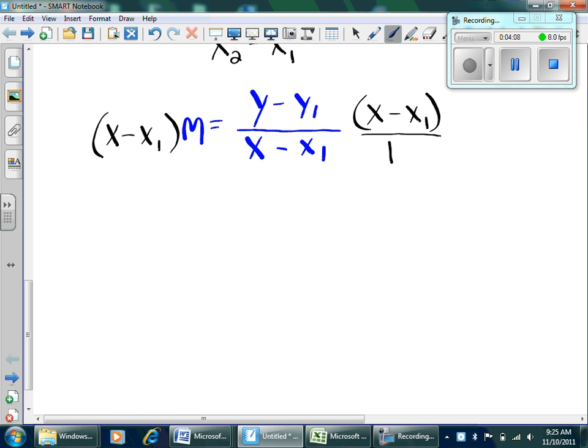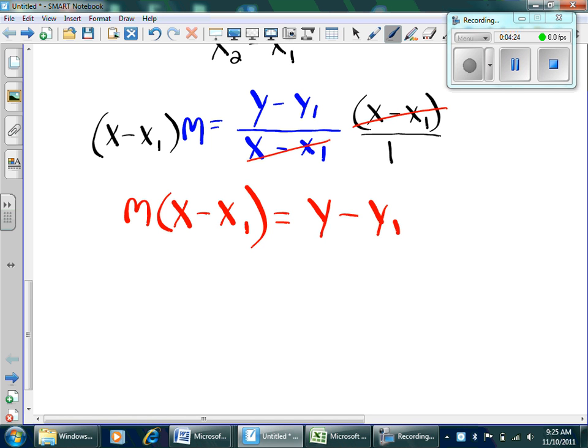Now, when I do that, those cancel out, and I'm left with m times the quantity of x minus x sub 1, and that'll equal y minus y sub 1. Now, for comfort value, I'm just going to flip sides of the equation. y minus y sub 1 equals m times the quantity of x minus x sub 1.